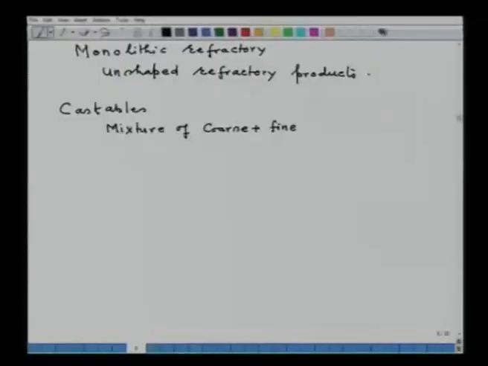So, an optimum mix of the different sizes is prepared. Then this mix is gelled by means of a binder system, and a green mass is prepared. The common binder used is the alumina content.